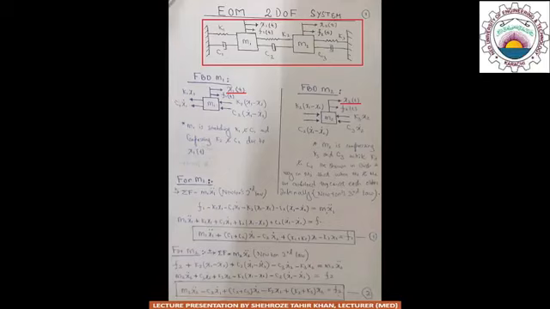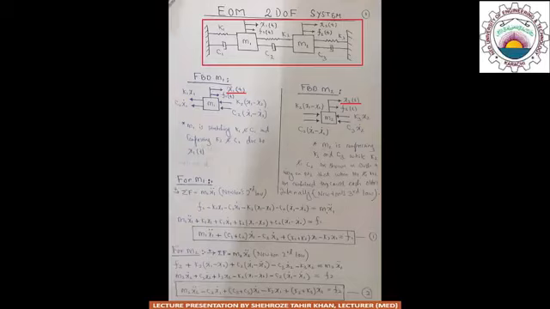In order to analyze the system completely, we have to make a free body diagram in the first step, in order to analyze the individual mass elements in the system and isolate them from the environment.